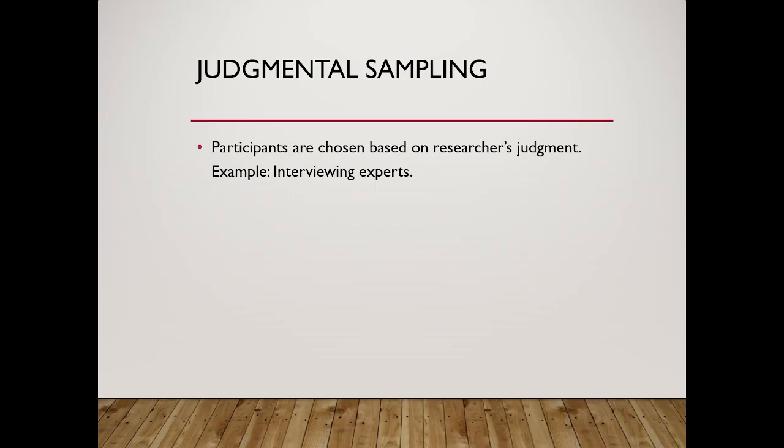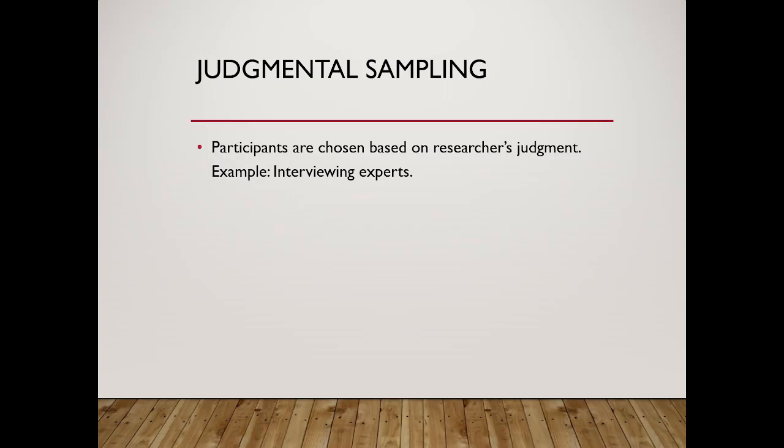For instance, maybe your topic is on law, let's say child rights law. Now you would only pick those who are experts in child rights law. You cannot just talk to anybody who practices law. So in this case, in judgmental sampling, you will pick only those whose field is child rights.